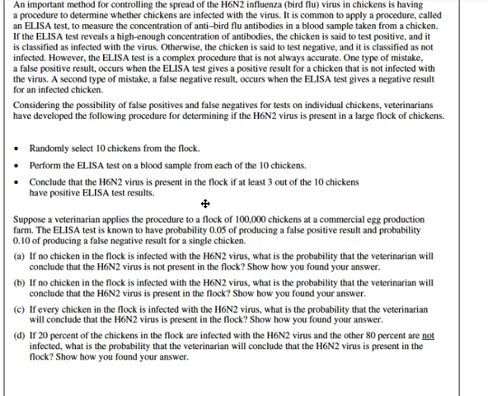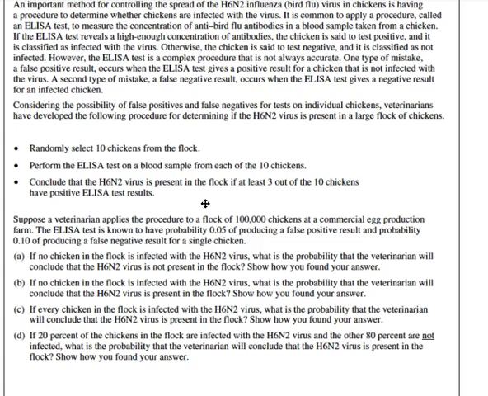However, the ELISA test is a complex procedure that is not always accurate. One type of mistake, a false positive result, occurs when an ELISA test gives a positive result for a chicken that is not infected. A second type of mistake, a false negative result, occurs when the ELISA test gives a negative result for an infected chicken. Considering the possibility of false positives and false negatives for tests on individual chickens, veterinarians have developed the following procedure for determining if the H6N2 virus is present in a large flock of chickens.